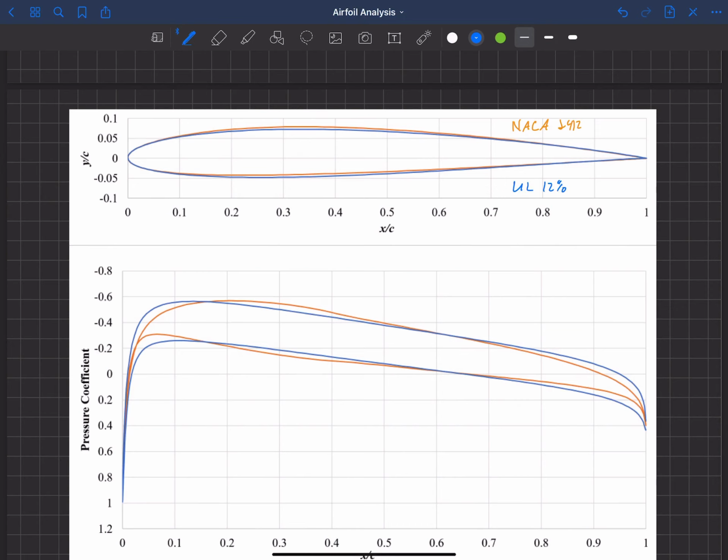So I call that a UL 12 usually. So in my code, I have a UL 12 instead of a NACA 2412. But anyway, it's a uniform load, 12% thickness. And you can see that the variation or the difference between those airfoils is pretty small. If these weren't right on top of each other, you probably couldn't even tell that there was a difference in the two airfoils.